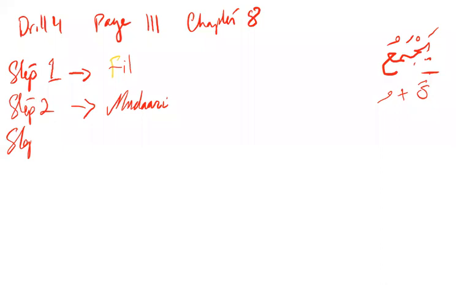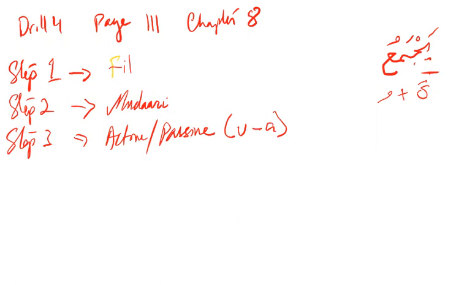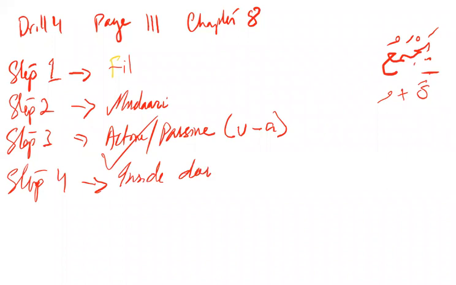Step 3, active or passive? Because we are talking about mudare, the passive present pattern will be OR. So is this active or passive? It's active. Step 4, inside doer is Huwa. Step 5, small family, because if we take away the ya and the u, we are left with only 3 letters.